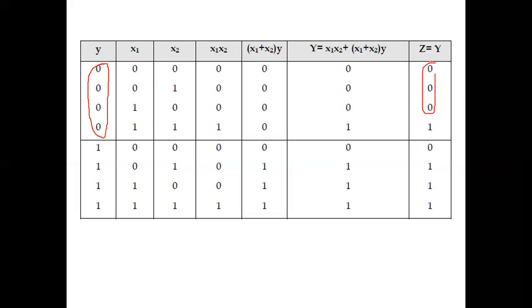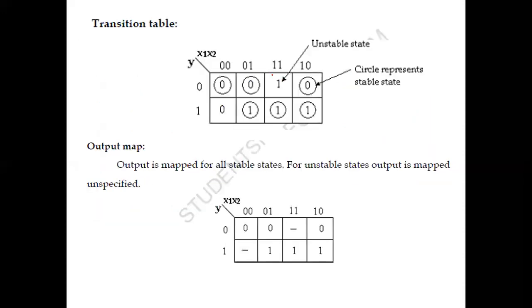But this condition changes the state from 0 to 1, so this is called an unstable state. Same here, the input is 1 1 1, so these values are 1 1 1, but this state will be changed to 0. This is the unstable state. These two are unstable states, the remaining are stable states. You can put a dash on the unstable states.